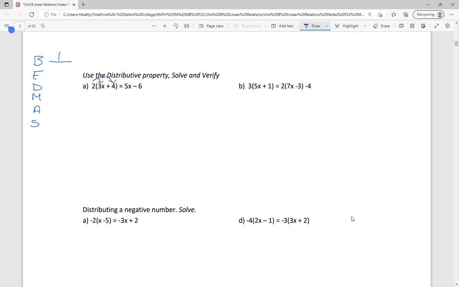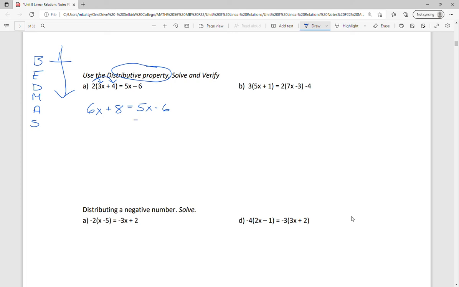So we'd have 2 times 3x, so 6x, and 2 times 4, so plus 8. That's my distributive property. And now I'm going to copy out the other side. And now that I've moved past my brackets, I can move on and solve these things.